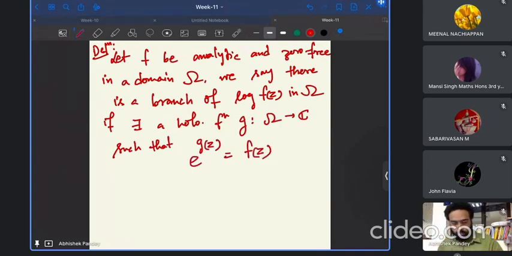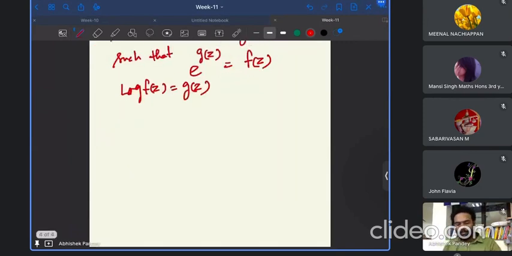Okay, so in fact we say log f(z) is equal to g(z), which is holomorphic. So this is the definition.